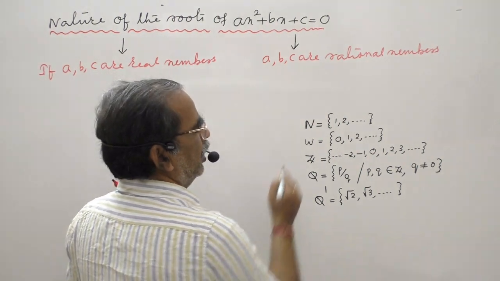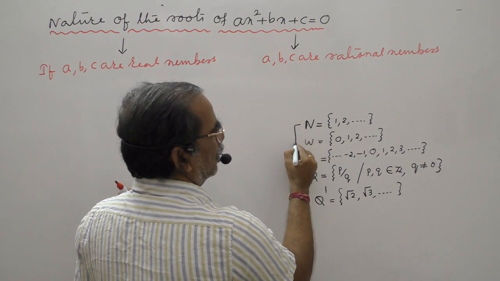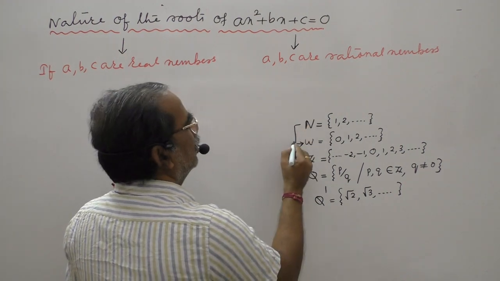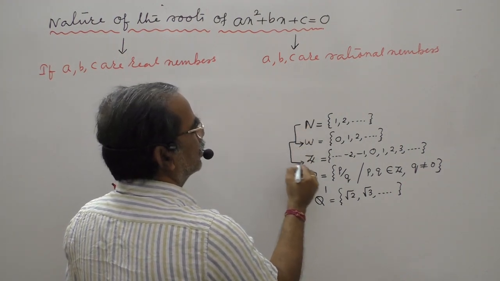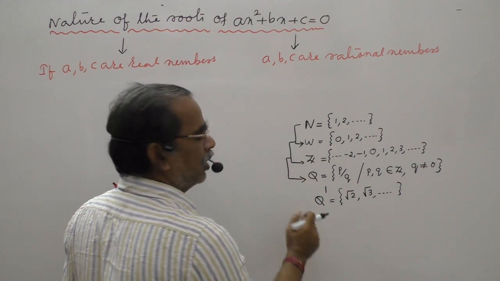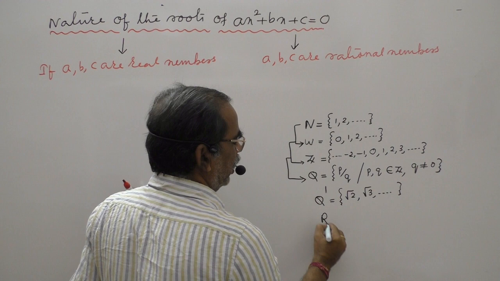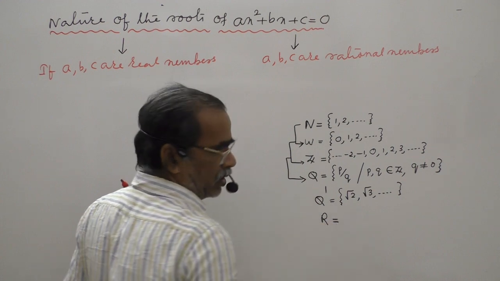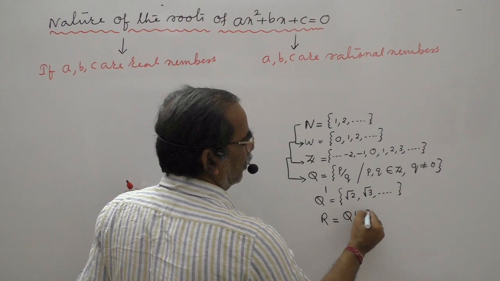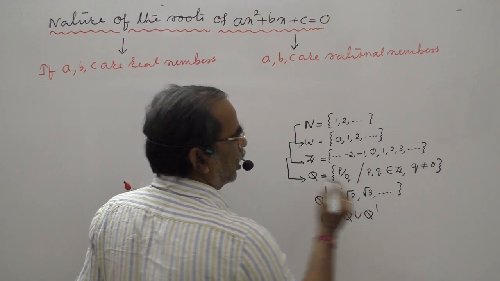You observe here, all the natural numbers will come in whole numbers. It is a subset of this. This is a subset of this, and this is a subset of this, and this is different. Finally, a superior set has come, real numbers, which is the union of rational and irrational numbers.